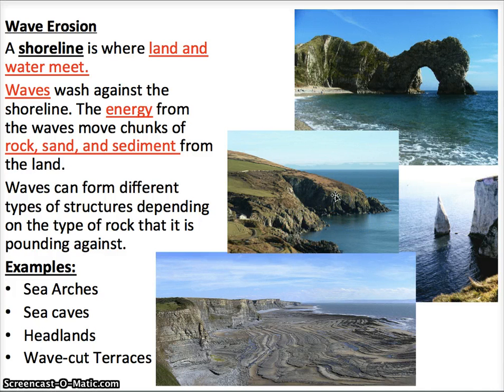So it produces these protrusions or projections that cut into the water, and that's a headland. This is a wave-cut terrace. Wave-cut terraces are formed when waves continually erode away at cliffs, and after thousands and thousands of years, the cliff is eroded away until it's almost flat.